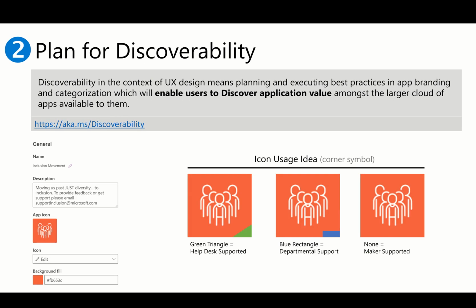Second thing, plan for discoverability. This is about, can someone find your app? Do you realize that when we first start doing apps in any domain, we got 5, 6, 7 there, right? Usually those 5, 6, 7 apps are the ones that are used the most. But as time goes on and people get hooked on these Power Platform solutions, guess what?